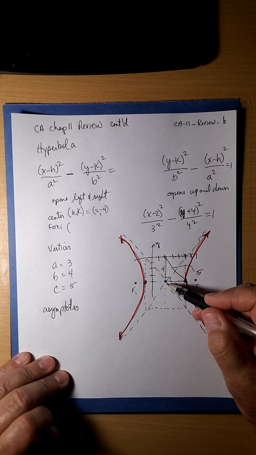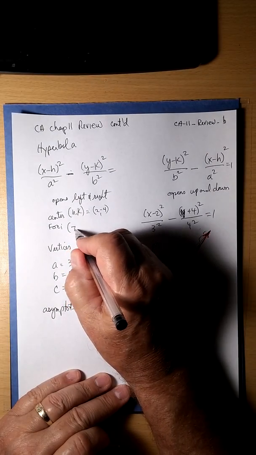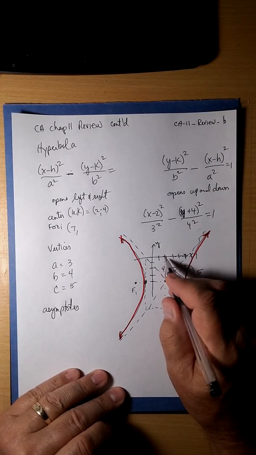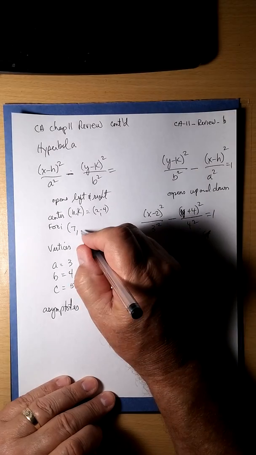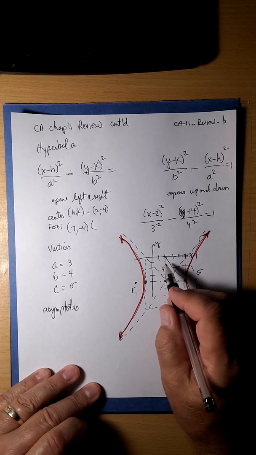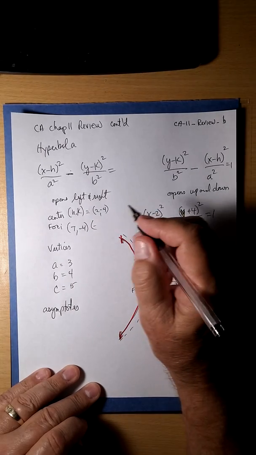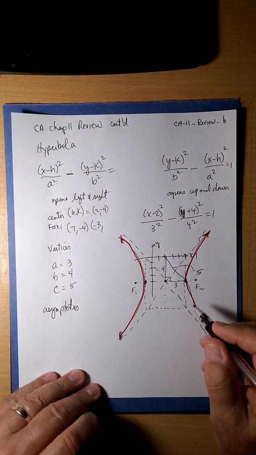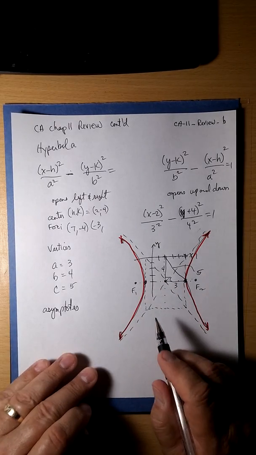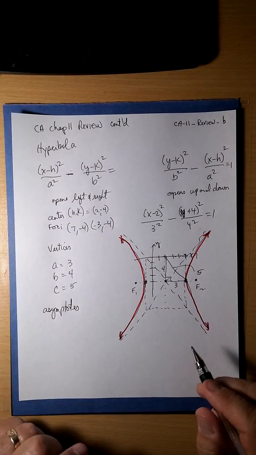So you can go to the center, that 2, and add 5 to get the 7. And that's all we need for the y coordinate, negative 4. For the other one, the center, and subtract 5. So it's 2 minus 5, which gives you a negative 3 for this focus. And negative 4 is the y coordinate.